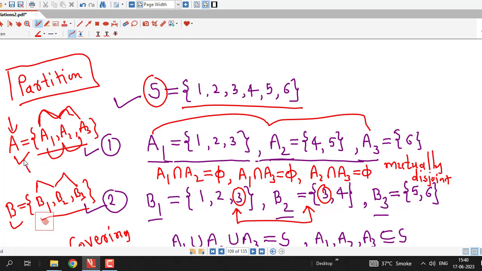So this collection A is a partition of the set S, but this collection B is not a partition of set S, though of course it is a covering. So A and B, both collections are coverings of set S, but A is a partition of S, and B is not a partition of S. So for a partition we require one extra condition, that the members of the given collection are mutually disjoint.